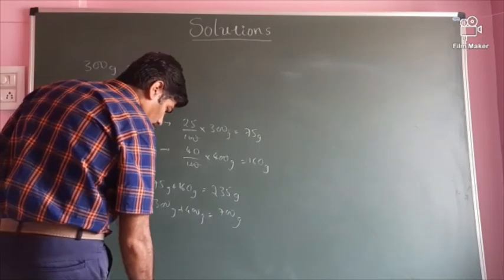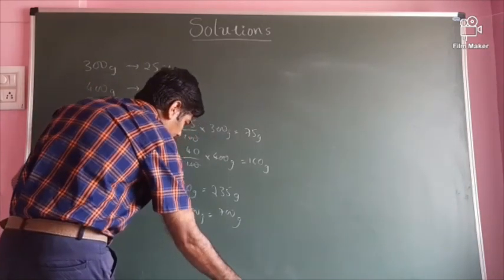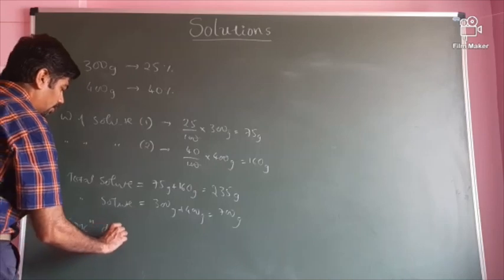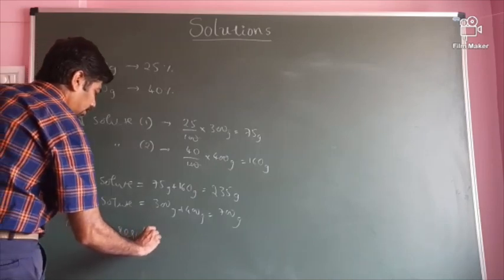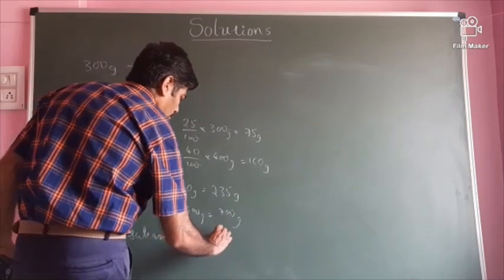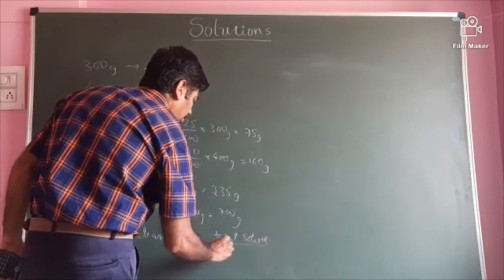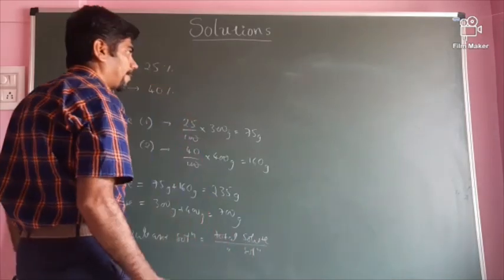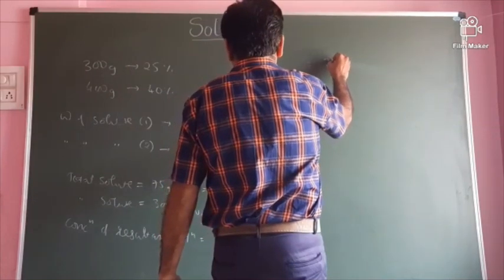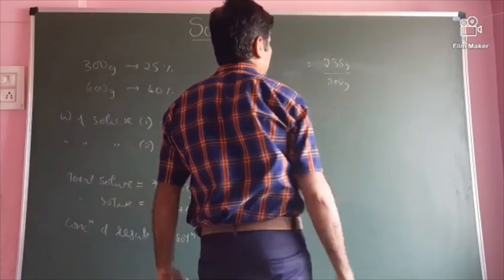Now simply what you are supposed to do here is, the concentration of the resultant solution is equal to total solute divided by total solution. Let me write here. So that will give you 235 grams divided by 700 grams.